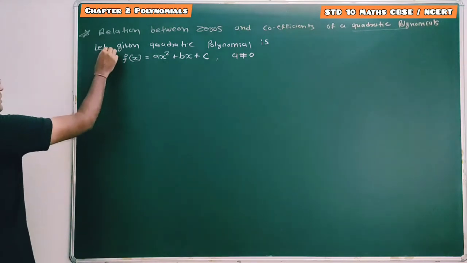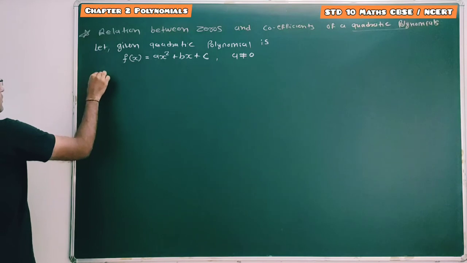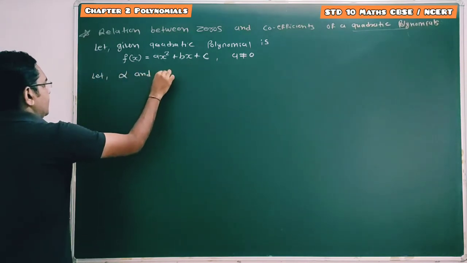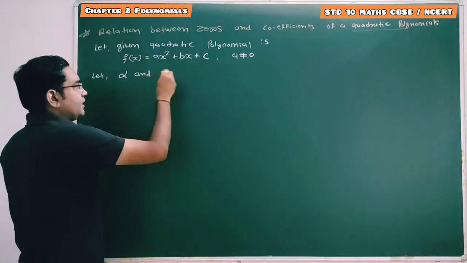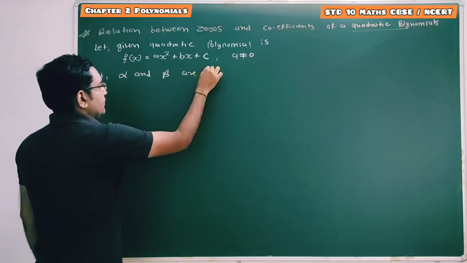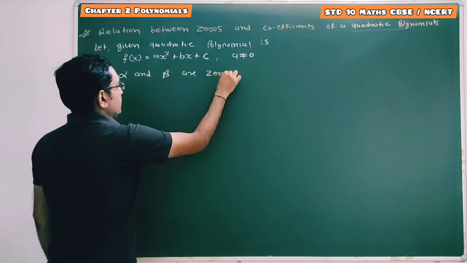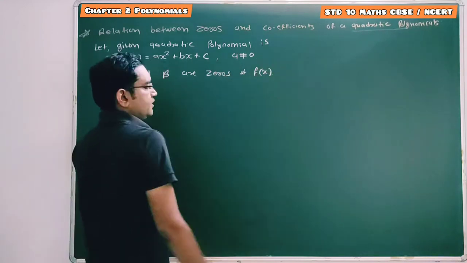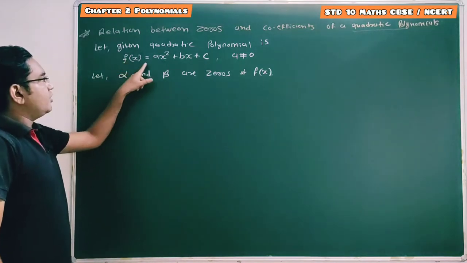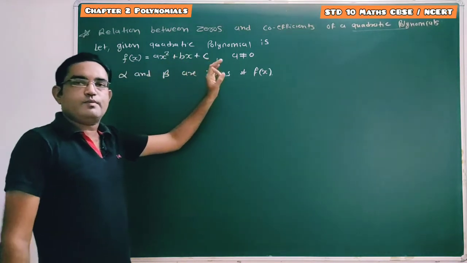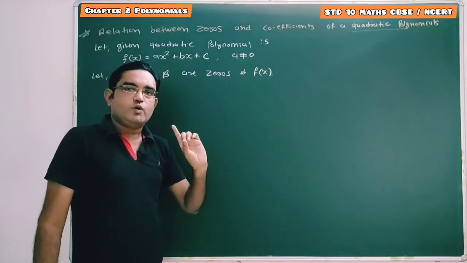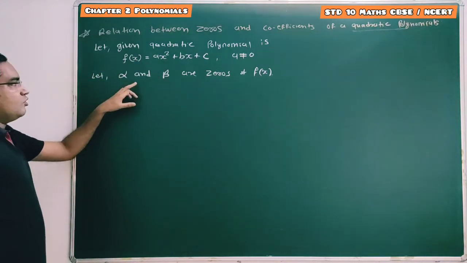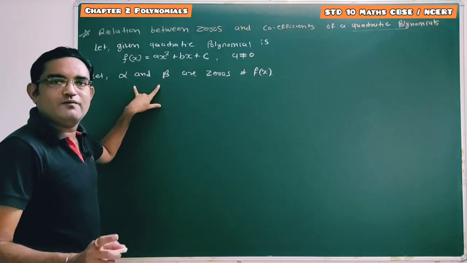So let's assume that alpha and beta are zeros of f of x. f of x is our quadratic polynomial ax square plus bx plus c, and we assume that 2 zeros of that quadratic polynomial are alpha and beta.